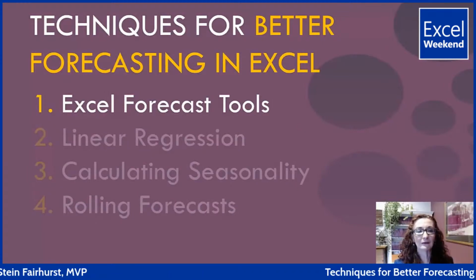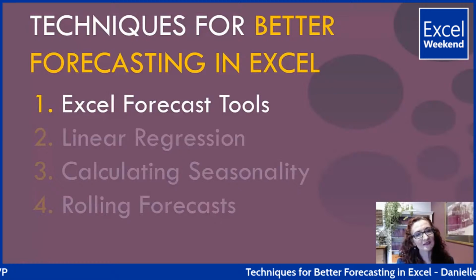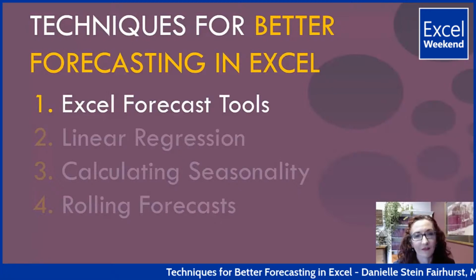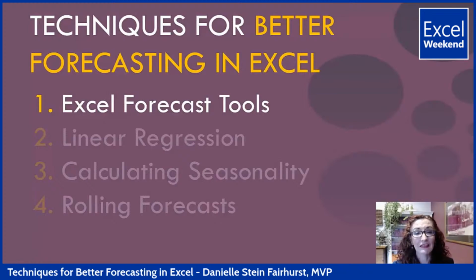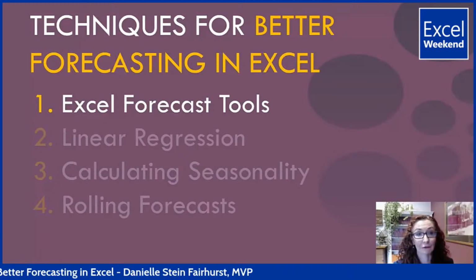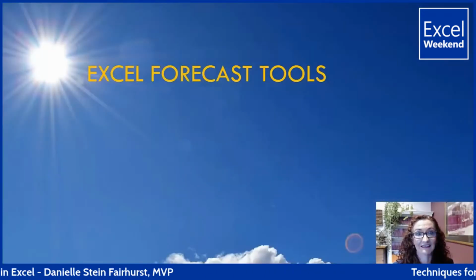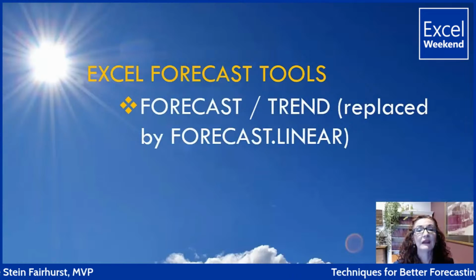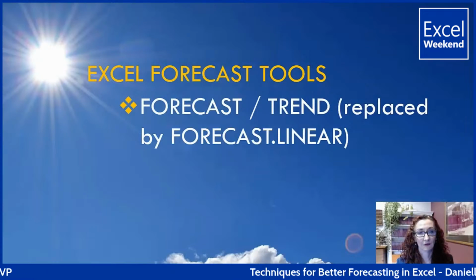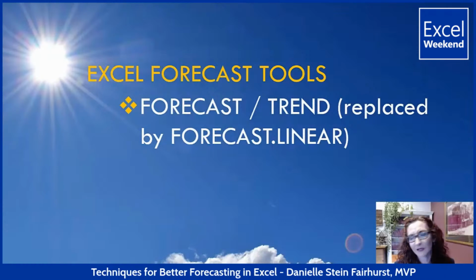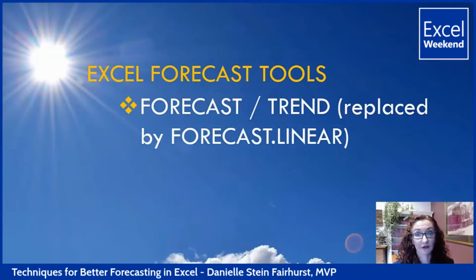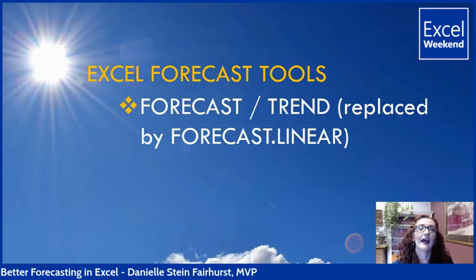So the first thing we'll do is talk about, I know that there's more than 500 different functions in Excel. I'm just going to pick out a couple that you're going to find really useful for forecasting in Excel. So firstly, the one that you're absolutely going to find the most useful is the forecast function, or the trend function, which for our purposes is going to do pretty much the same thing.